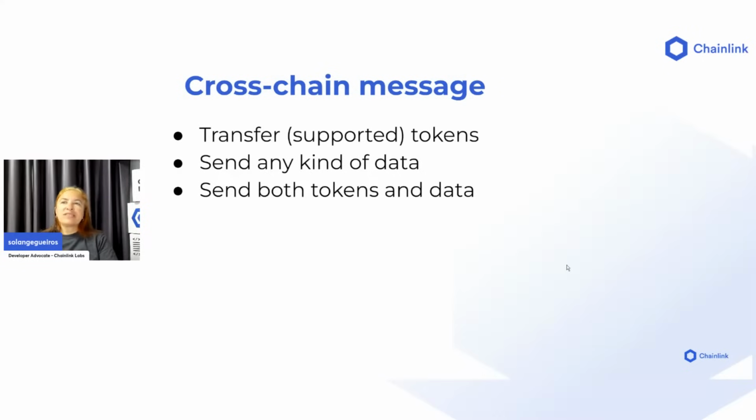Second, send any kind of data, or third, send both tokens and data. Today, we are using only the first, only transferring tokens. And next week, we will have another session using CCIP with any kind of data, with NFTs.